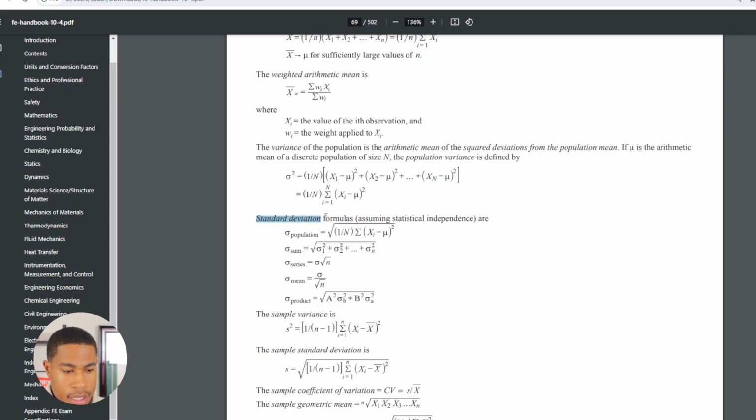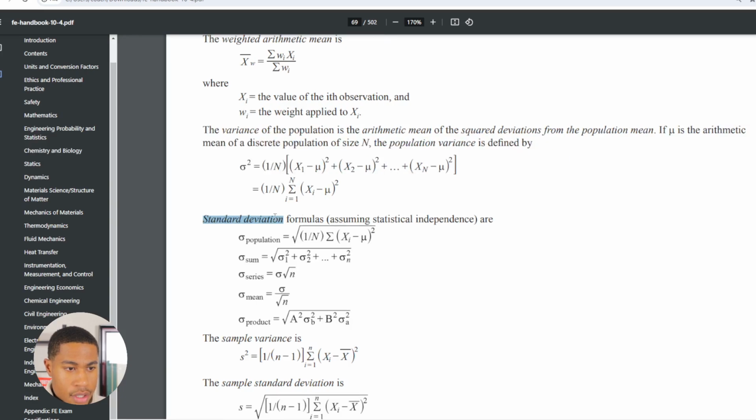So what is standard deviation? Well, standard deviation is really trying to show you how much data varies. For example, if you have 5 different quarterbacks, one throws for 10 touchdowns, one throws for 20 touchdowns, and then one throws for 100 touchdowns.